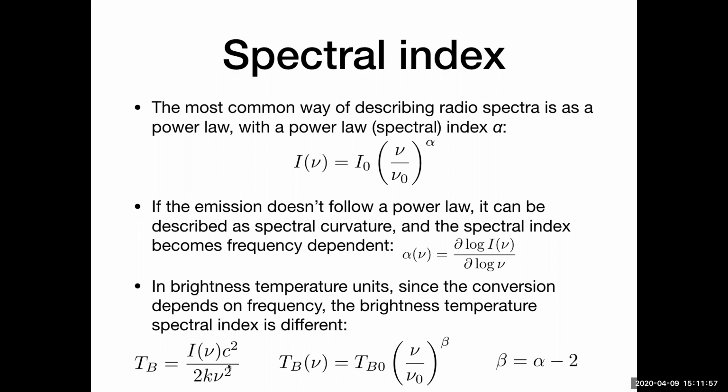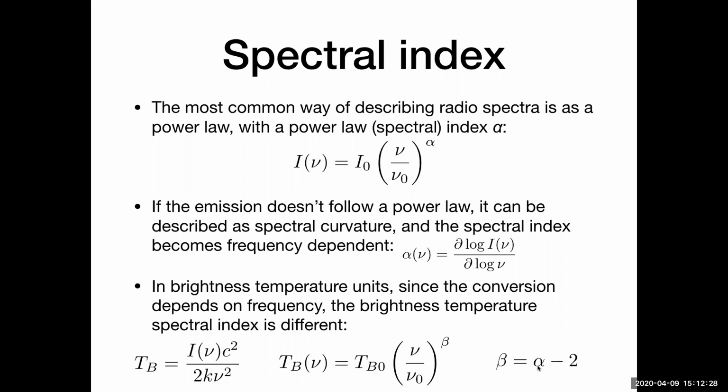But because there's the extra factor of frequency squared in this conversion, you end up with a different slope in your brightness temperature versus frequency plot. It's basically a spectral index 2 lower than the spectral index in intensity. This can trip you up if you don't know about it, so I thought I would point it out.